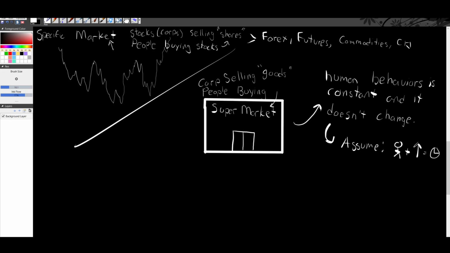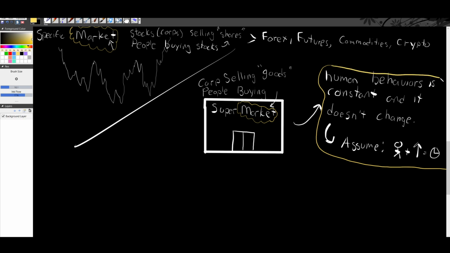It literally doesn't matter. These are all just markets. So what's the golden word we're looking at? Market, right? And in order to understand all of this, we need to understand that human behavior is constant and it doesn't change. And we need to assume that people are always in a pursuit of more or better.